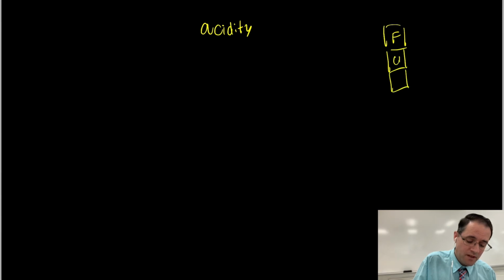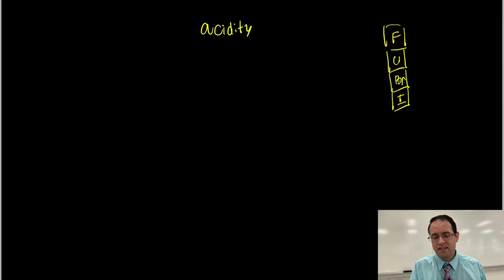Number 2, okay, the more electronegative elements are going to have more dramatic effects. So remember, your periodic table kind of looks like this in the halogen group. Okay, you have fluorine at the top, you have iodine at the bottom.